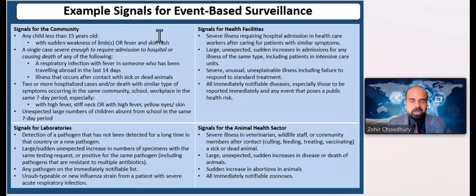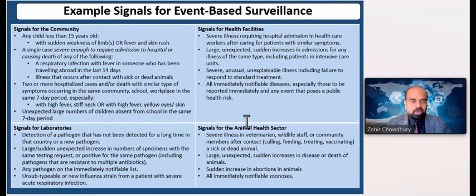And in this chart, we can see the various types of signals that event-based surveillance would call a signal. So different signals from the community are listed in here, a subset, different signals from health facility, different types of signals from laboratory, as well as from the animal sector.